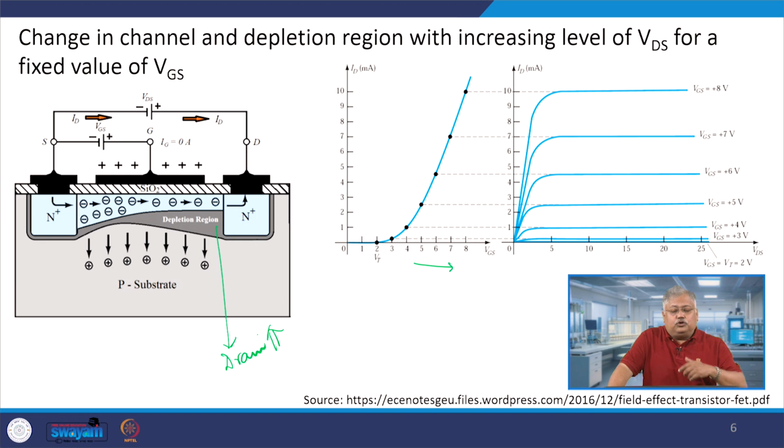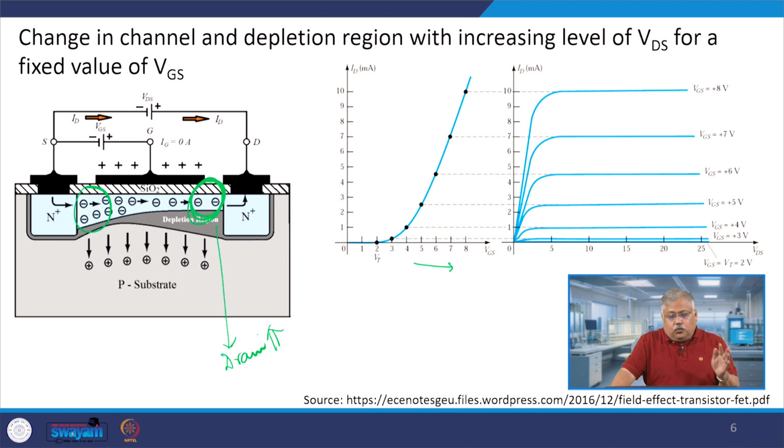As you increase the drain bias, the depletion region eats away into the channel, and the channel thickness starts decreasing, as shown here. The channel is thinner on the drain side than on the source side, and the depletion thickness is larger on the drain side.